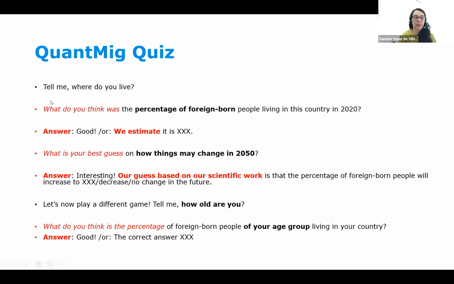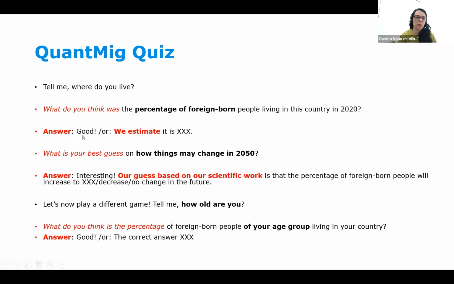So here is an example. Tell me, where do you live? What do you think was the percentage of foreign-born people living in this country in 2020? The answer is never right or wrong, but we say good if the reply is the correct one, or alternatively we say we estimate it is 40%, for example.